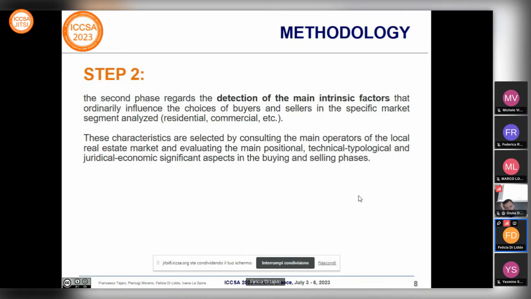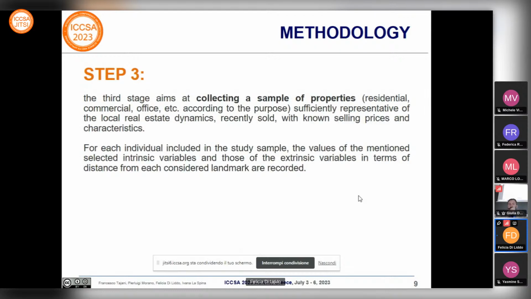The second phase regards the detection of the main intrinsic factors that generally influence the choices of buyers and sellers in the specific market segment analyzed. The third step aims at collecting a sample of properties representative of the local real estate dynamics recently sold with known selling prices and characteristics.